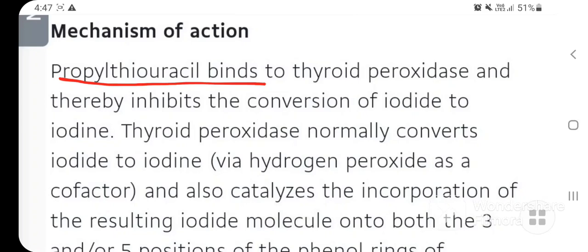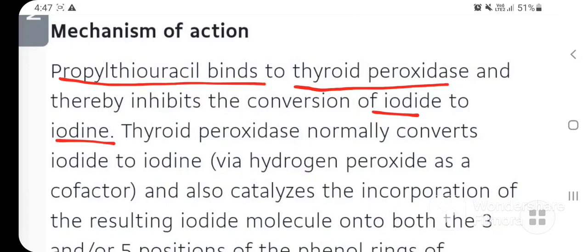Actually, the iodide is in an inactive state. If it is converted to iodine, it becomes active, which leads to an increase in thyroid hormone.